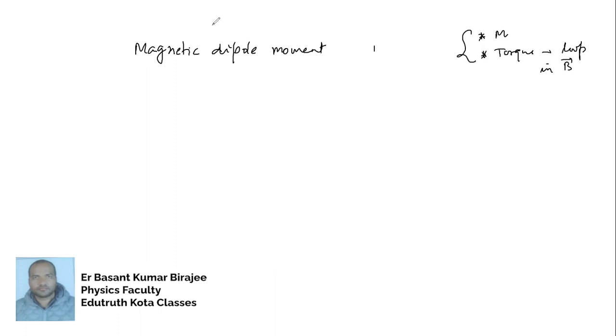So let's begin with magnetic dipole moment. In electrostatics, you might have studied the electric dipole that consists of a pair of two charges of opposite nature and same magnitude.